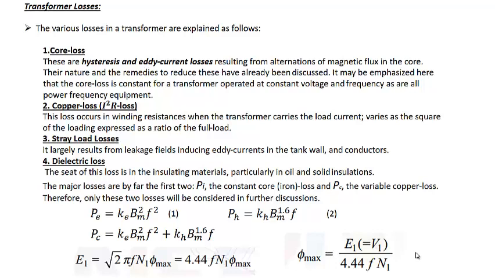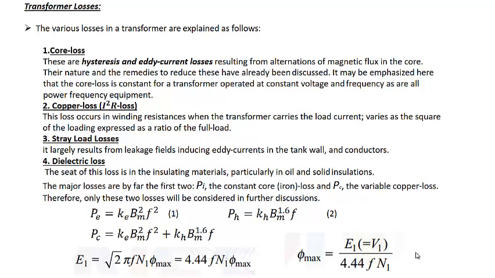The first one is the core loss. As we know, core loss is actually the combination of hysteresis and eddy current losses that results from the alternations of the magnetic flux in the core. The nature and the remedies to reduce these losses we have already discussed.